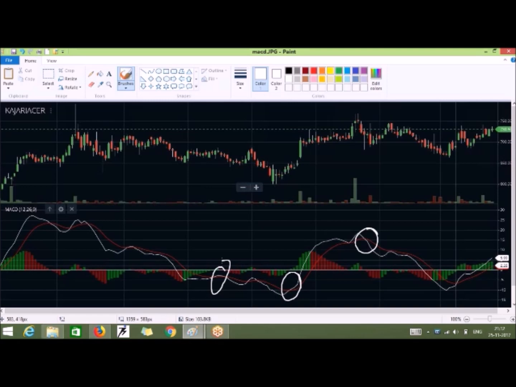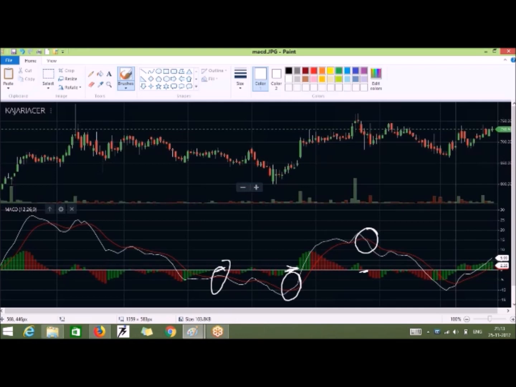Here you can see this value has become 0, no candle is forming here. Here also it's 0 and here also it's 0. So the histogram actually suggests something in advance, that a crossover may be approaching.